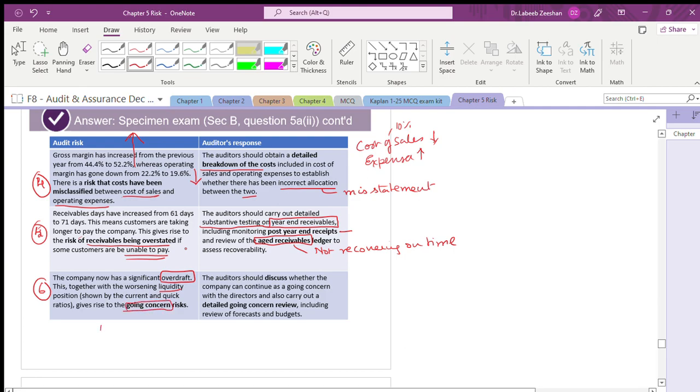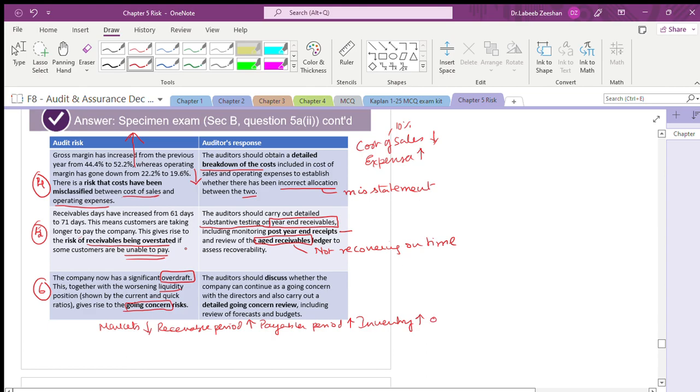When markets are down, the receivables period is increasing, the payables period is increasing, and the inventory turnover period is increasing. Fine.